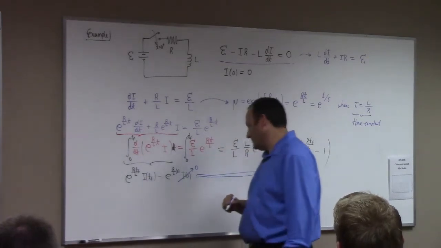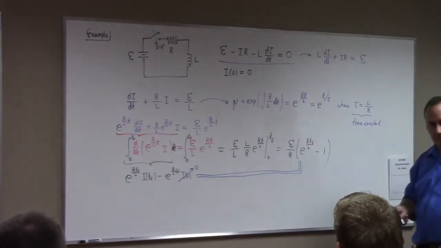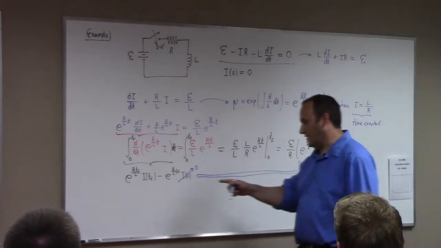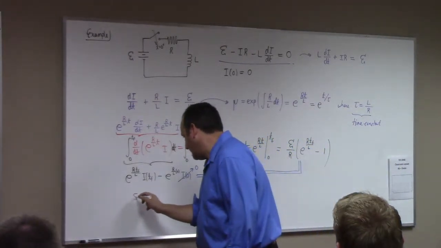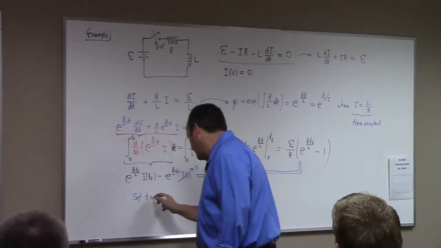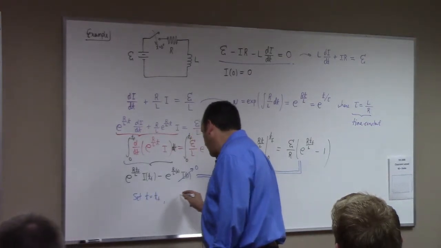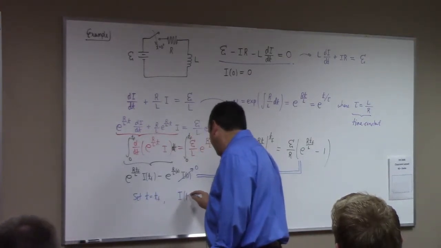That's 0, by physical considerations, and this is what we're after. So now we can set t equal to tf after the integration, right? And that will give me I of t.